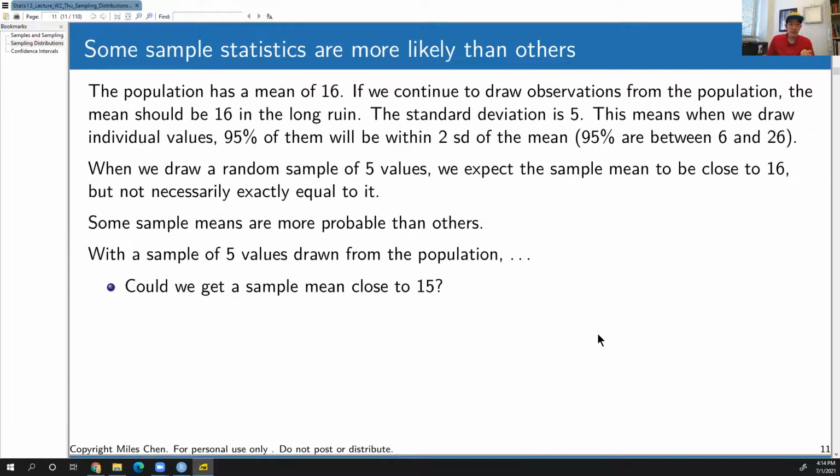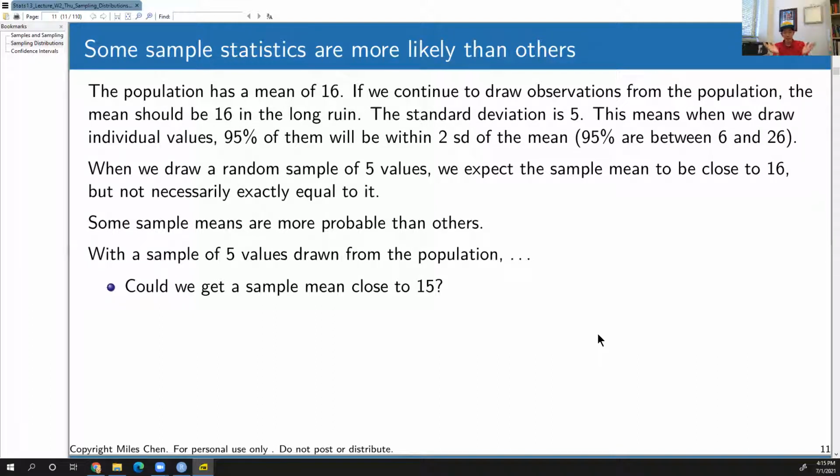Okay. And the idea is that if we took a ton of observations from the population, like thousands of them, then the mean of our sample should approach 16 in the long run. And the standard deviation of our sample should also approach 5.